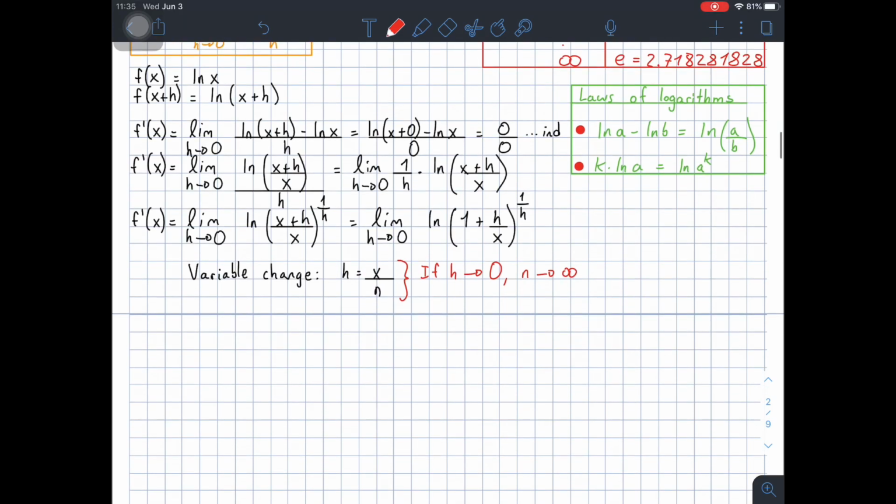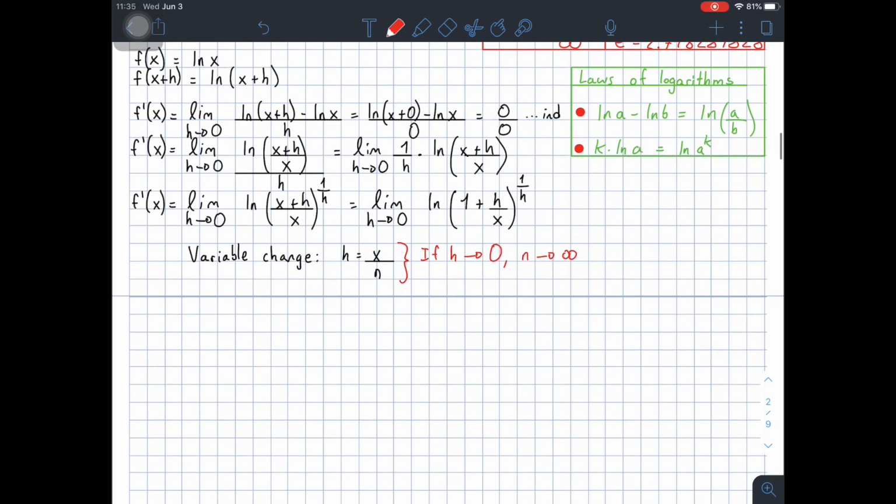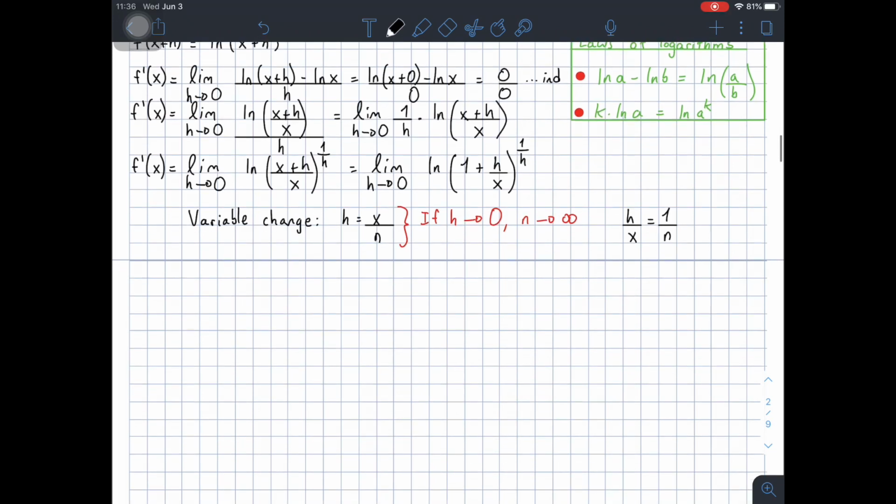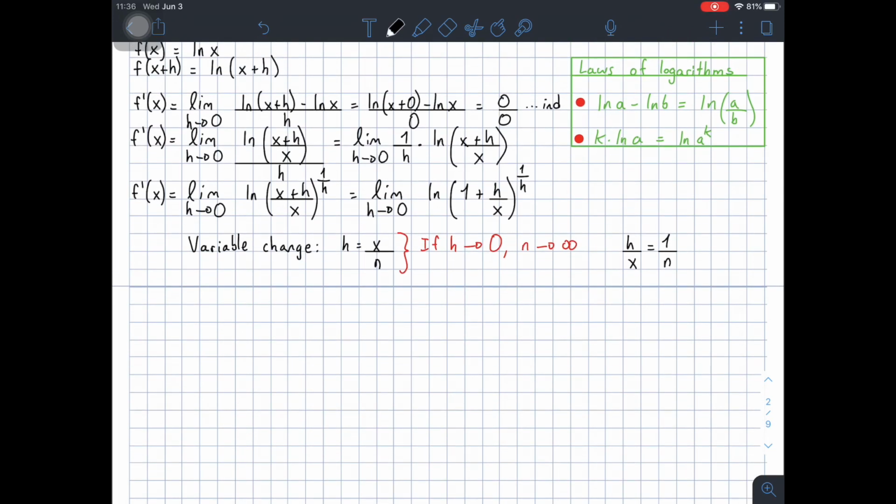So, given that information, and using this expression we just wrote here, if we reorganize this, for example, if I take the x dividing down here, I can say that h divided by x is equal to 1 over n, and also that 1 over h is equal to n divided by x.